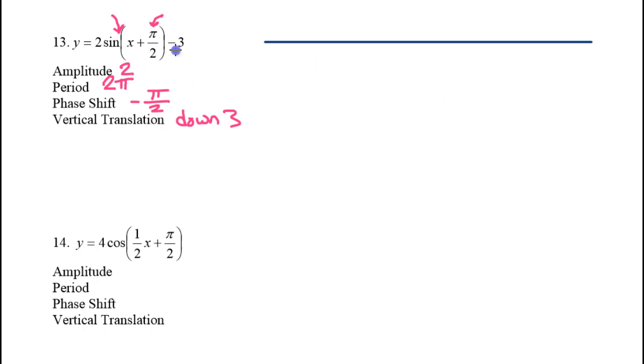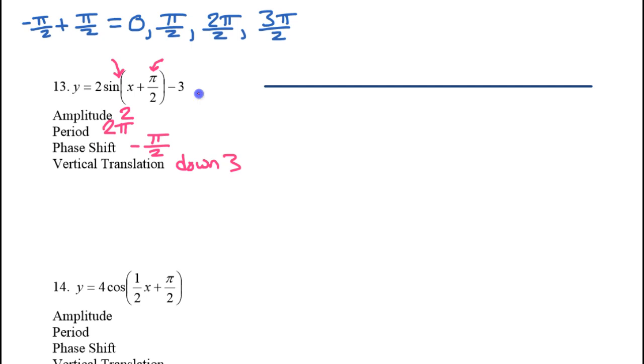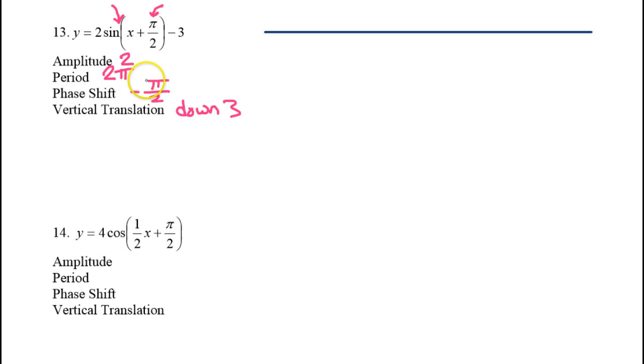Okay, now let's go ahead and talk about the phase shift. Since the phase shift is -π/2, that's where we will put our first mark on the x-axis. So we'll go ahead and put -π/2 right here.